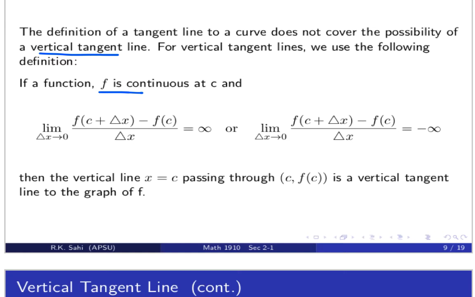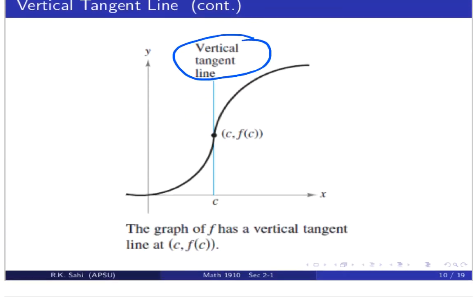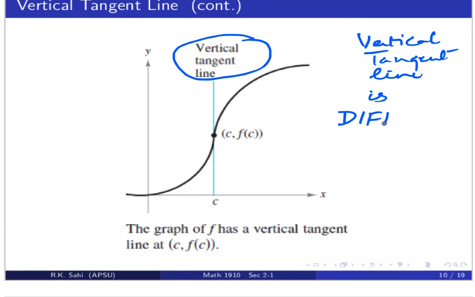Okay, so just to keep in mind, remember that a vertical tangent line is different, I'm just going to write in capital letters, it is different than a vertical asymptote.